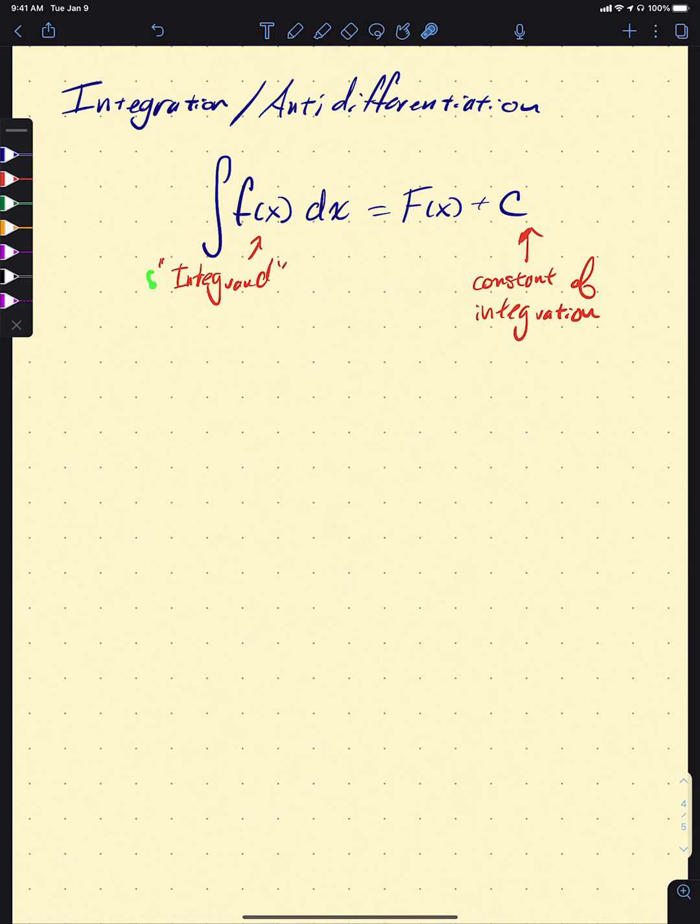And we've already found two antiderivatives, and so we know, based on the work that we've already done, that the antiderivative of 1 with respect to x, we know that's x plus c, right?